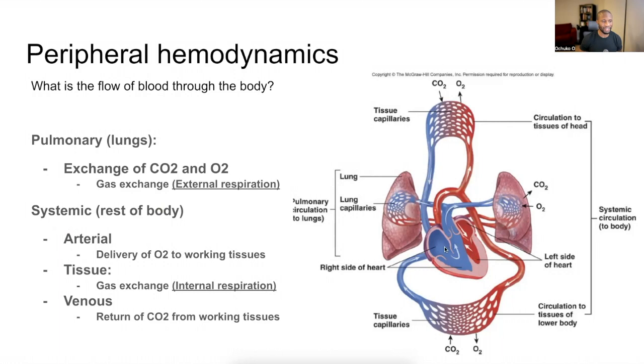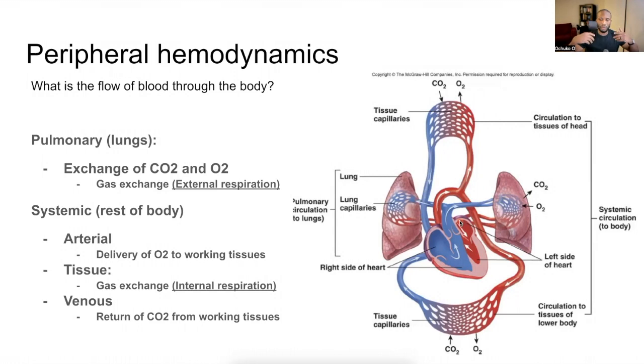And as we can see here, the blood leaves the heart, and on this middle part we see the lungs. What's going on in the lungs is that the blood that came in from the rest of the body through the veins is going into the lungs. And remember, that has carbon dioxide from the body. That blood is going to go through a process of gas exchange, where it pushes out the carbon dioxide into the lungs, which allows us to breathe it out.